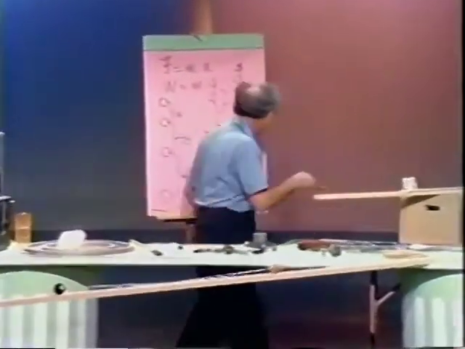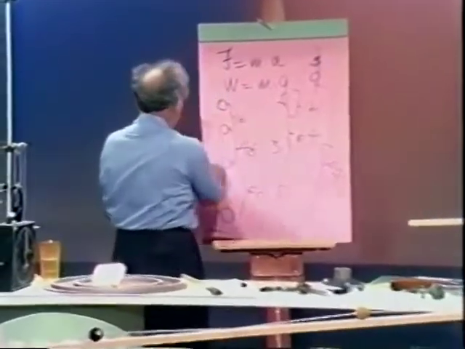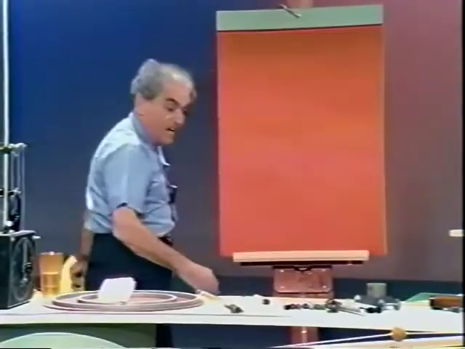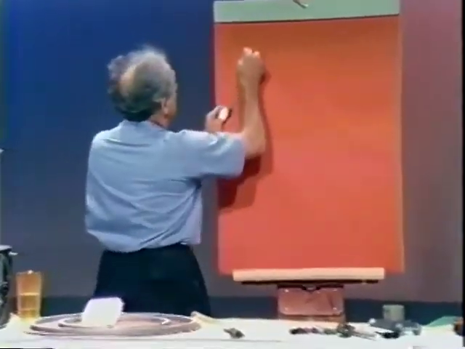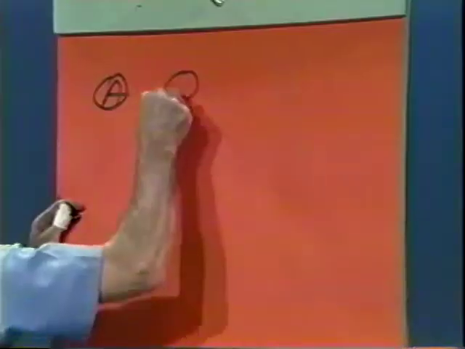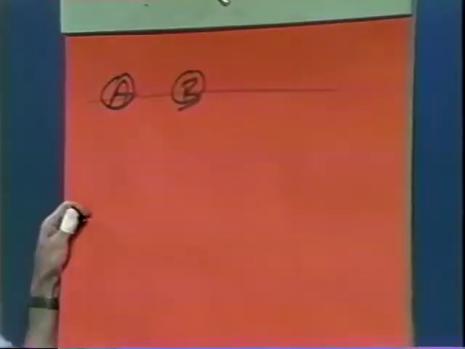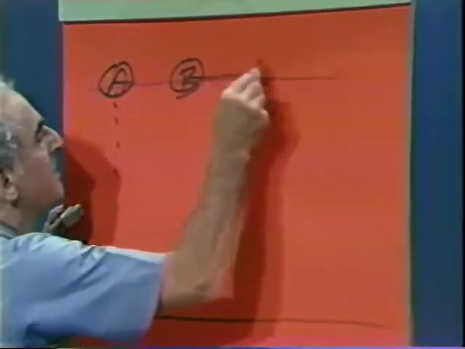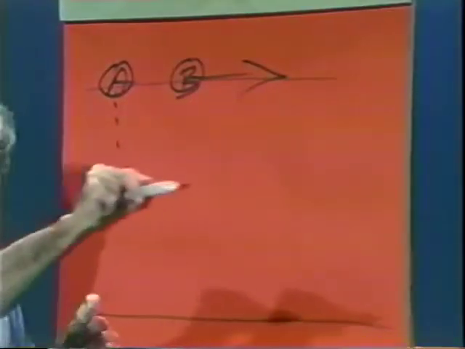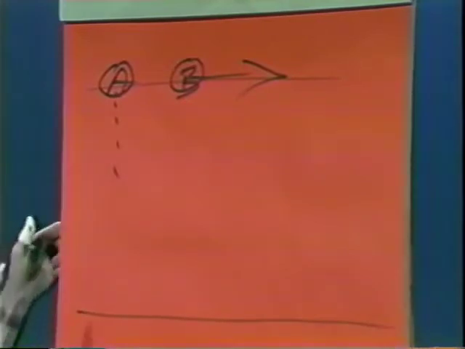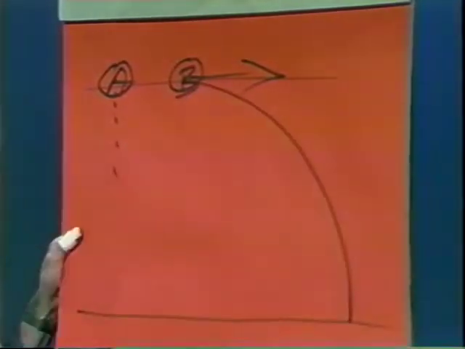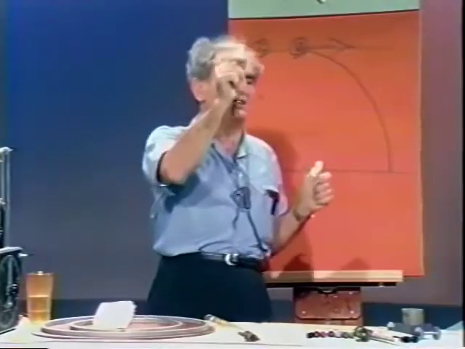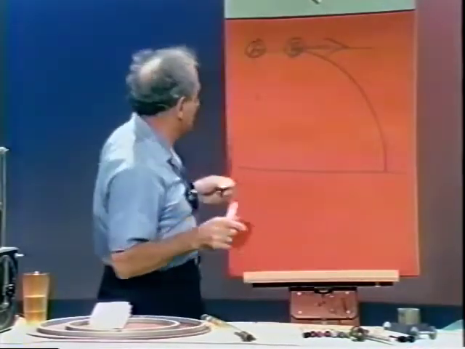Now, there is another exciting adventure regarding falling bodies. Supposing I had a body A and a body B on the same horizontal level with respect to the ground. And what am I going to do? I'm going to allow A to fall freely, and B, I'm going to project horizontally, like that. Now, you know the path it takes is a parabola. Indeed, this was discovered also by Galileo in the 16th century.